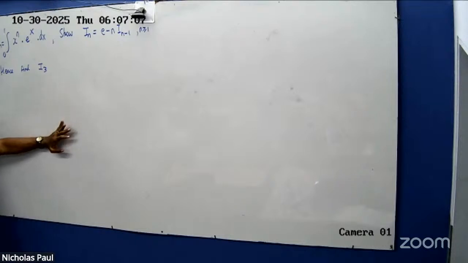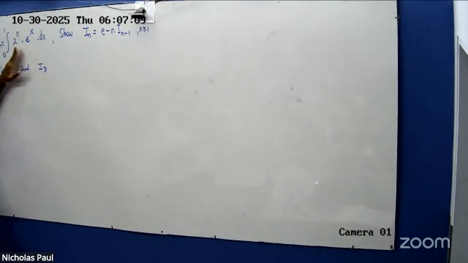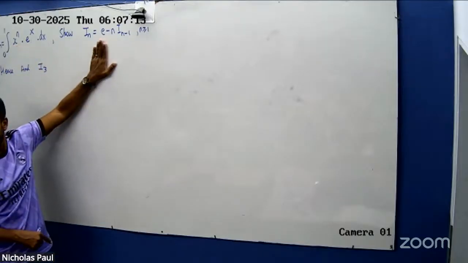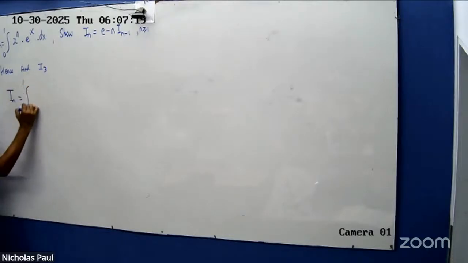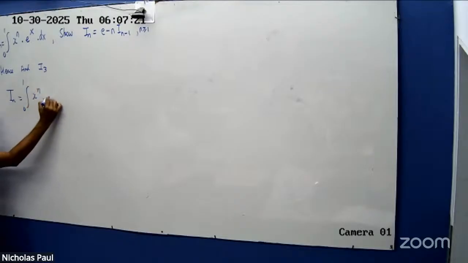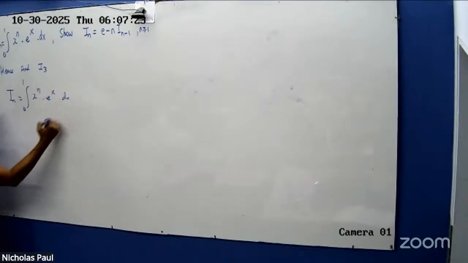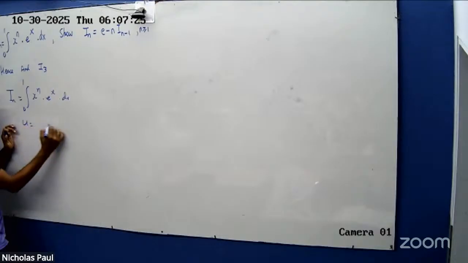So stage 1 of the reduction formula is to be able to take this integral and turn it into this. We start in here. I_n is the integral from 0 to 1 of x^n times e^x. Now, how do I know which one is u and which one is dv?